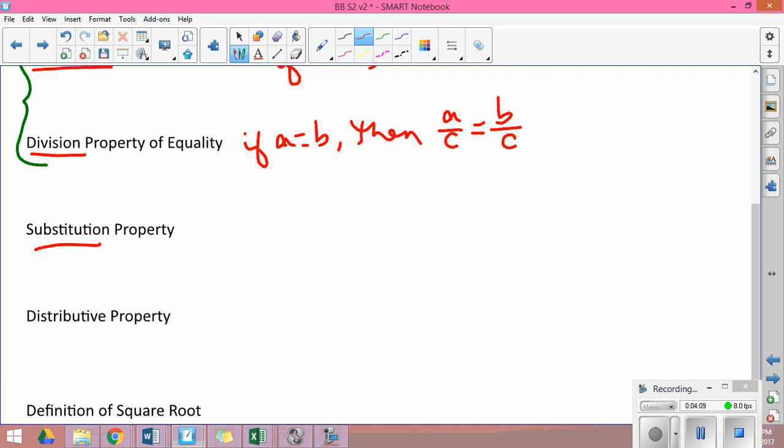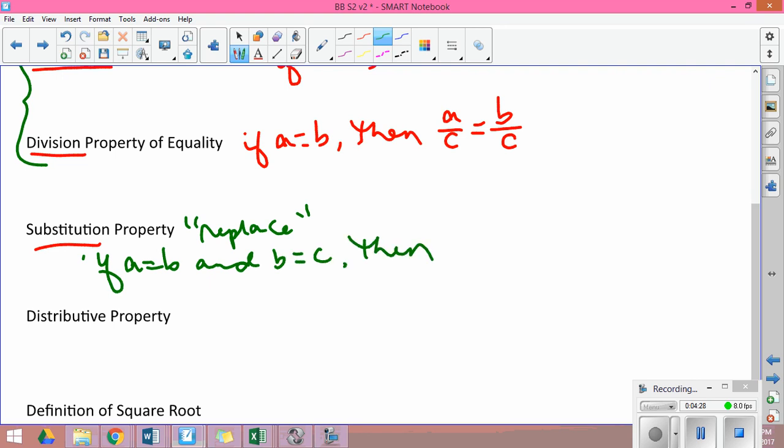Substitution, we talked briefly about that in the last video. That's our replacement property. So if A equals B and B equals C, then I can take and I can replace this B with A because they are exactly the same value.